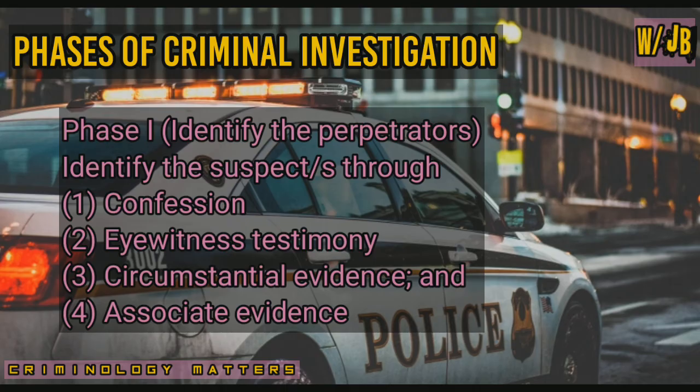Or why are your footprints in the crime scene? It will establish that the person whose fingerprint or footprints appear in the crime scene might have been in that crime scene. Although it does not directly prove his guilt, it associates that person to the crime scene and therefore to the crime. Okay? So that is some of the ways the investigator may establish the identity of the suspect.